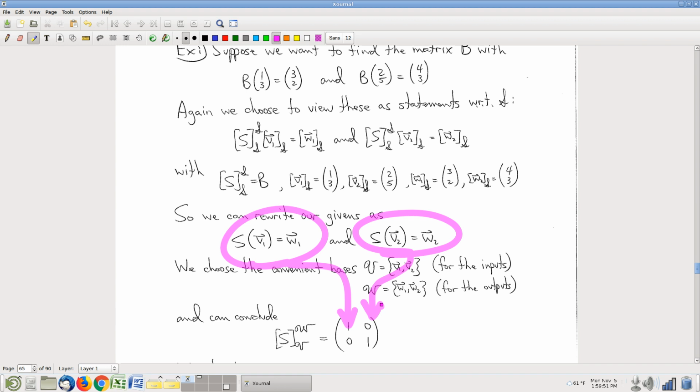So it comes from S of V1. Specifically, I need to write S of V1 in terms of the W basis. How do I write W1 in terms of W1 and W2? Well, (1, 0). Likewise for the second column. Does everybody see how this is just kind of a variation of the example on the previous page? Any questions?